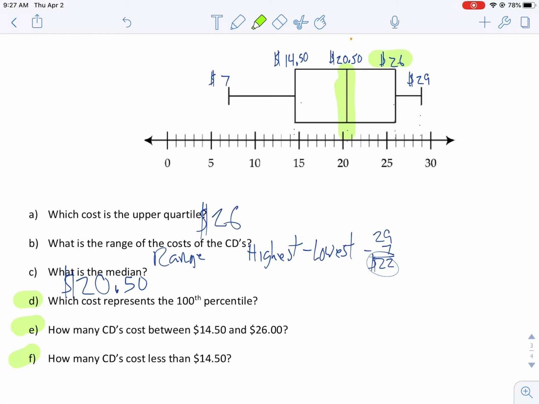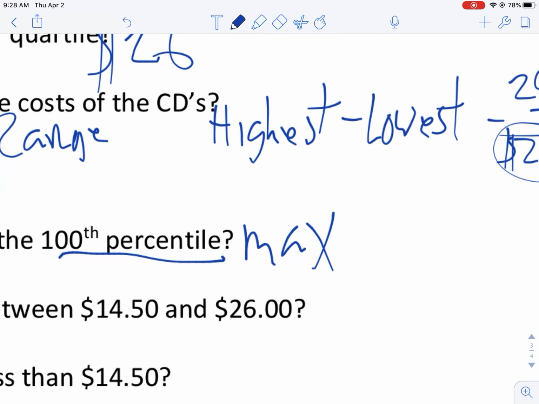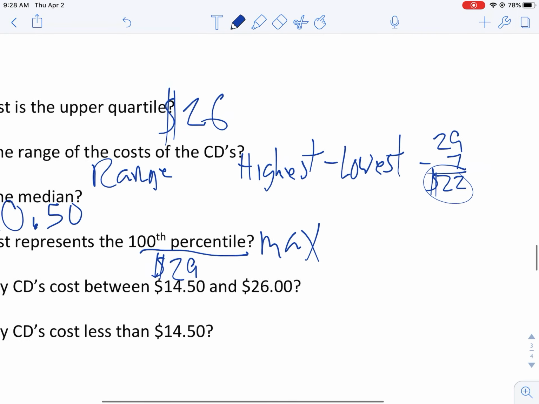You would be 95th in line. So, the higher the percentile number, the better off you are. In this instance, when they're talking about cost, the 100th percentile is your maximum. So that's your max, which is $29, the highest cost.